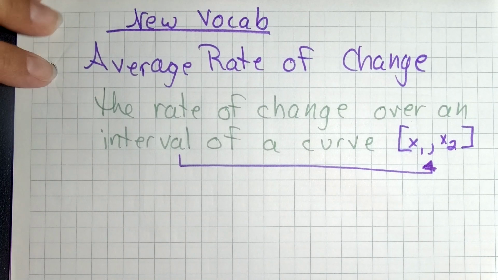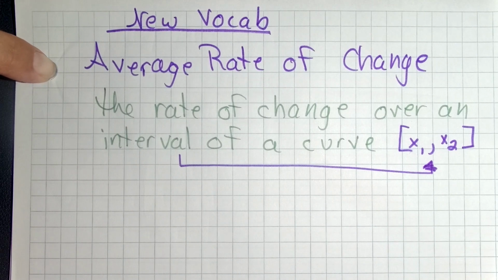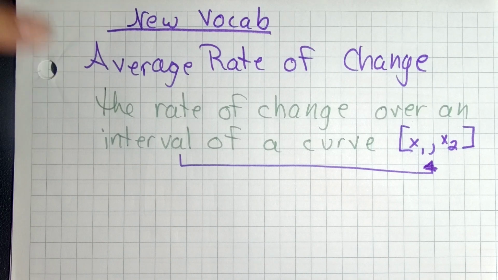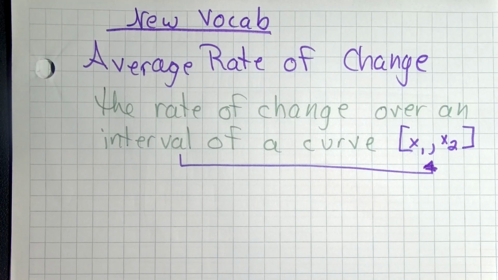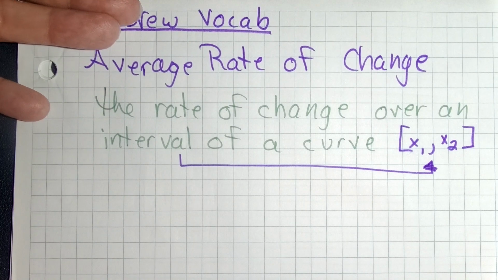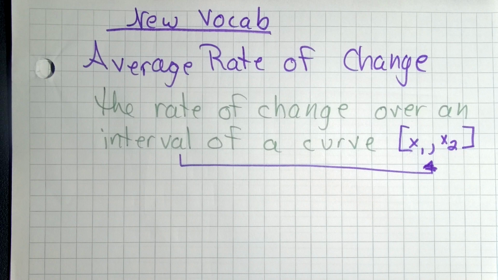But why does this matter? Isn't slope the same for everything? No. Slope is not the same for everything. The only thing it's going to be the same for is a straight line. But we might not have straight lines in calculus. We have tons of different functions, tons of different graphs that we can use in calculus. So it's not always going to be the same.